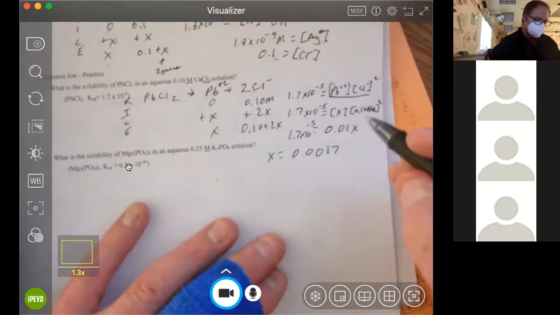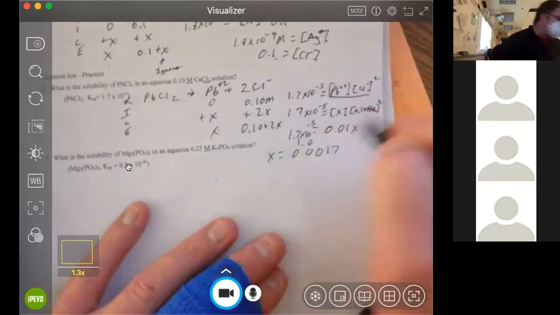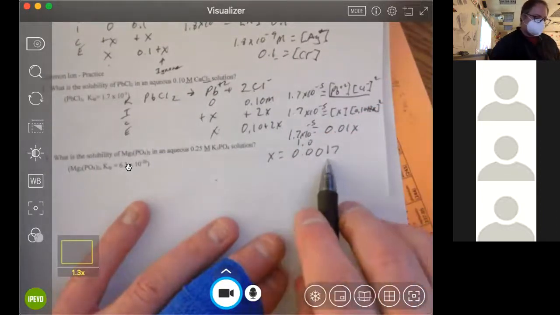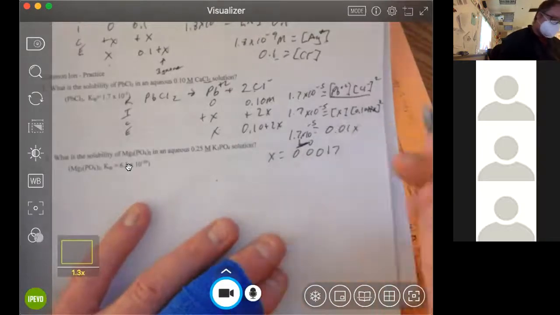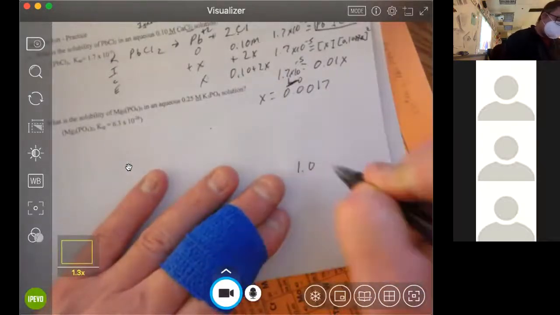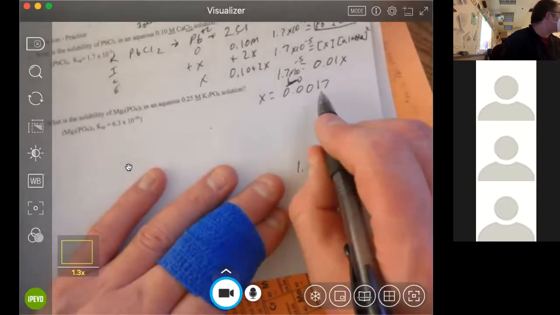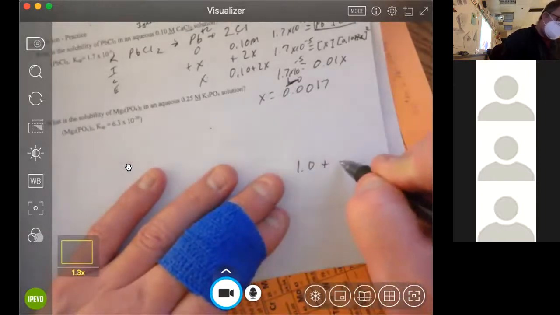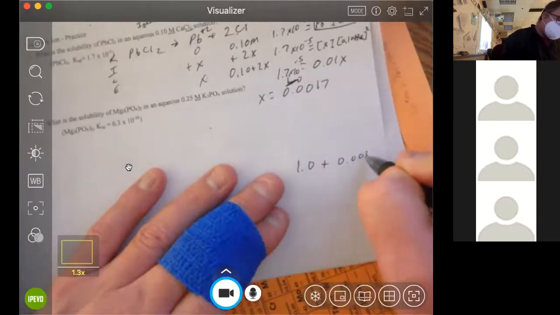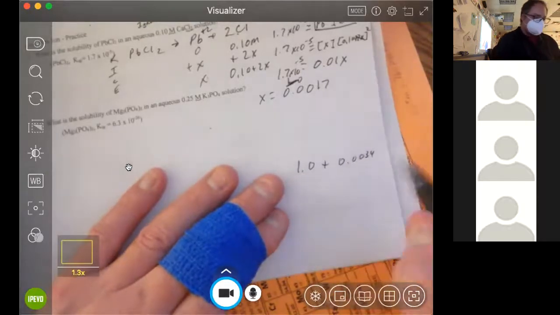0.0017 for that. So if we add 1.0, let me do it down here. If we add 1.0 plus, and this will be times 2 because it's 2x, right? 0.0034. What is the real answer?